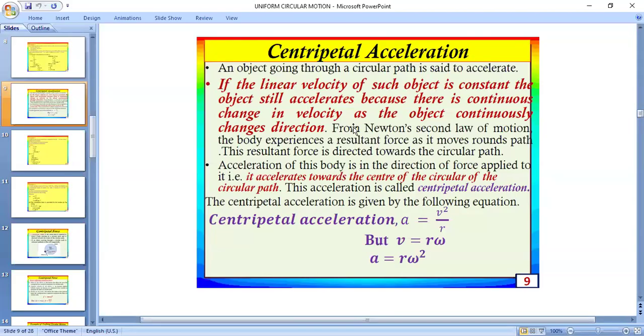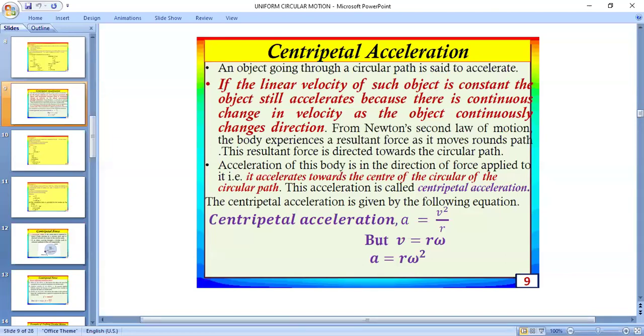Now, that acceleration a is given by v squared over r. So acceleration in a circle equals v squared over r. That is one way of expressing centripetal acceleration. The second way is to substitute the formula we've just learned, that omega equals v over r. Therefore, v can be written as omega r.